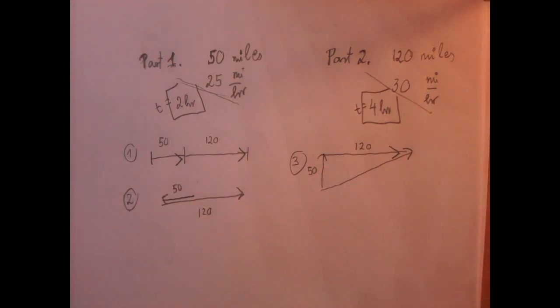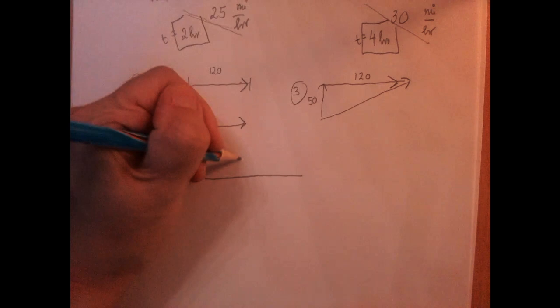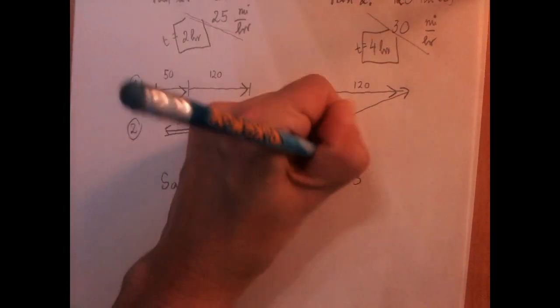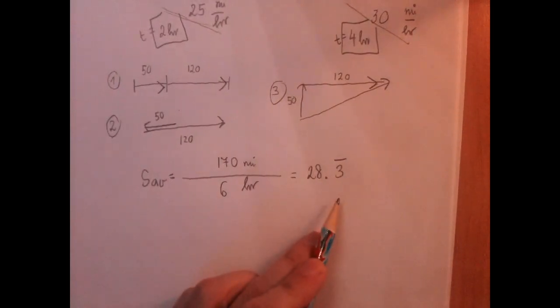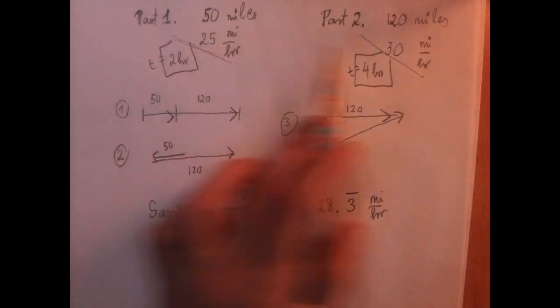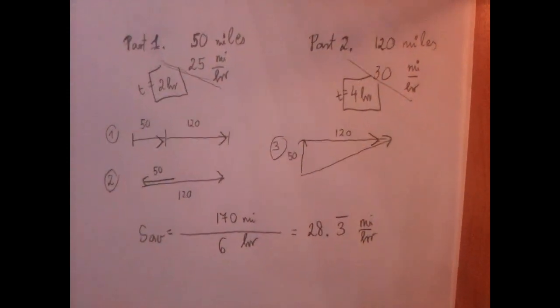So the speed in all 3 cases is 170 miles divided by 6 hours. That is not going to be very pretty. 170 divided by 6 is 28 point 3 repeating. This bar means 3, never stop. That sort of makes sense at this point, right? We're still between 25 and 30, which feels right.